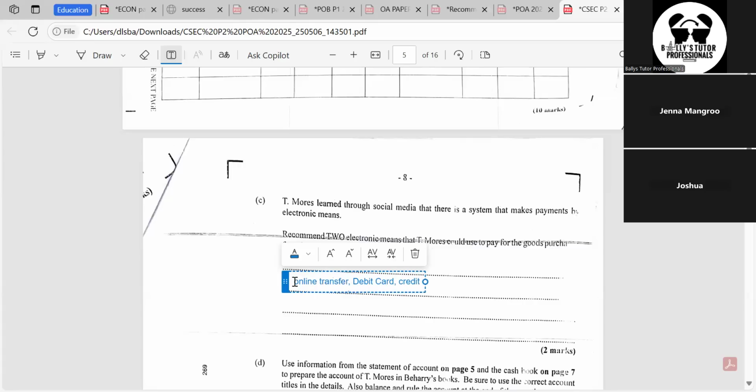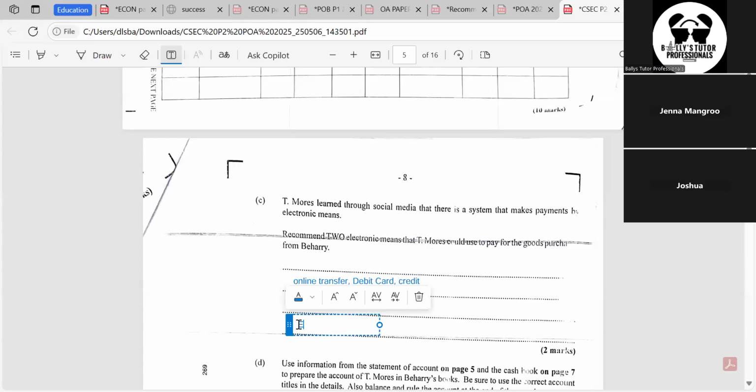Have you ever heard about digital wallets? Yes, PayPal, sir. And Cash App and stuff like that? All of that could be considered electronic.